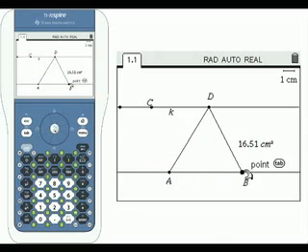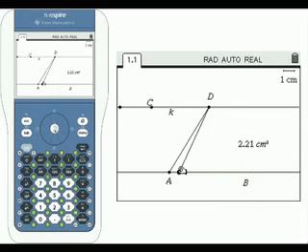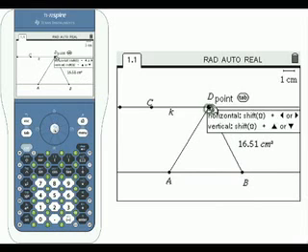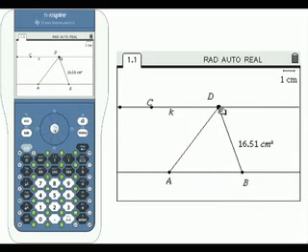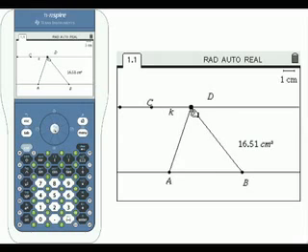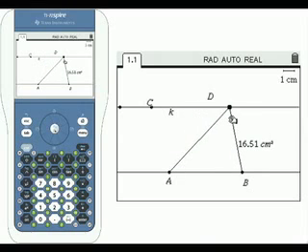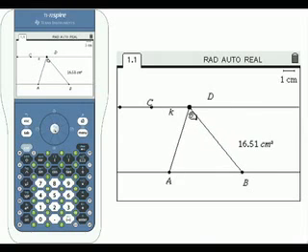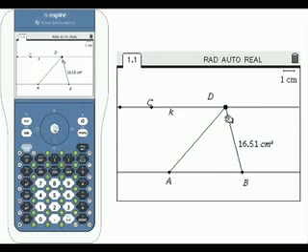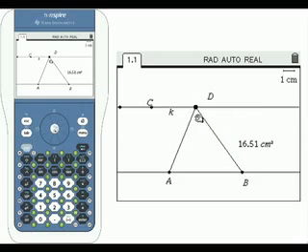Same thing if I change around vertex B. Smaller triangle, smaller area, and it recalculates it on the fly. But when I change around D, I'm moving it around, and you'll notice that the area does not change at all. And that's because the altitude is constant, and so is the base of the triangle.